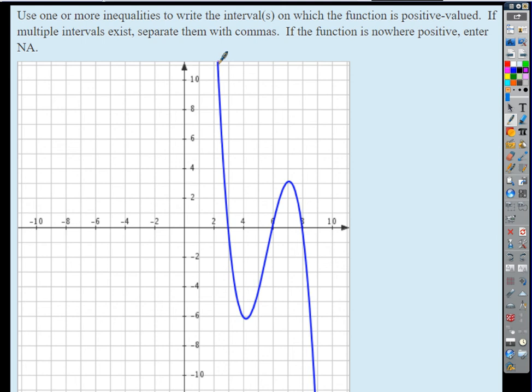Okay, so this part up here, everybody agree? Yeah. That's a part that's positive valued. And then right here? Okay. So if I push that onto the x-axis, what would the graph of that inequality look like? Okay, so I got a line from 6 to 8.